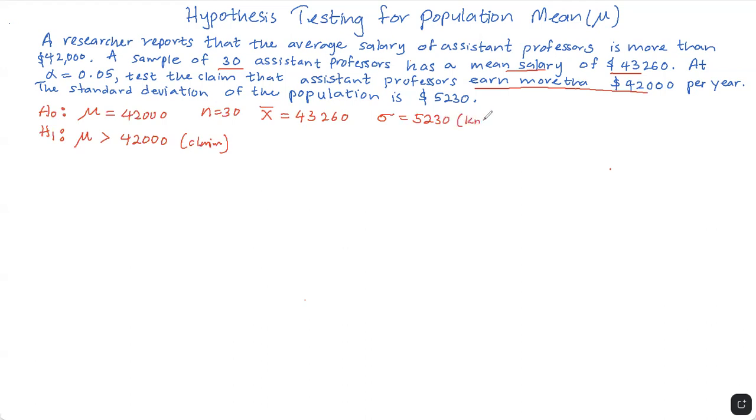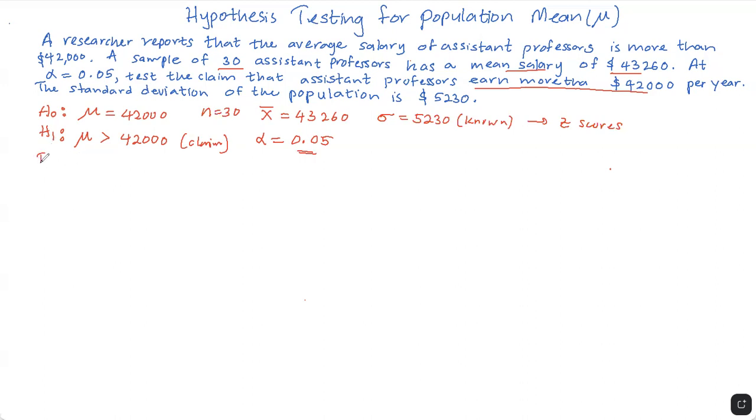So this is known. Therefore, we can use z-scores. Now, the alpha value, which is the significance level, is 0.05. So we are going to use this alpha to decide the null hypothesis or the alternative hypothesis.